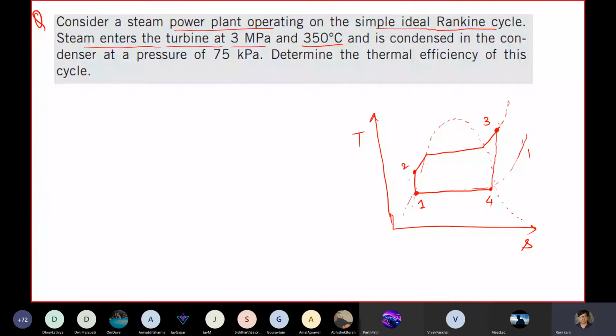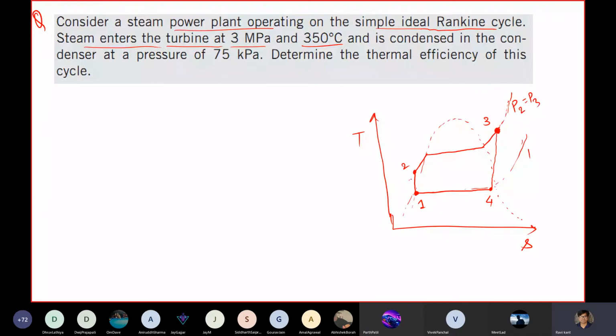And this is your turbine. 3 to 4 is your turbine, and 3 is your turbine inlet. So this constant pressure line is given as P. Let's suppose I take this as P2 equal to P3.